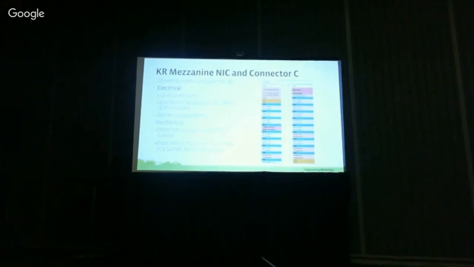That's the intention. On the baseboard side, if you only want to support the KR Mezz with Connector C, then you can only go with Connector C. And if you want to support both the general PCIe NIC and the KR Mezz, it's okay to populate all three connectors.